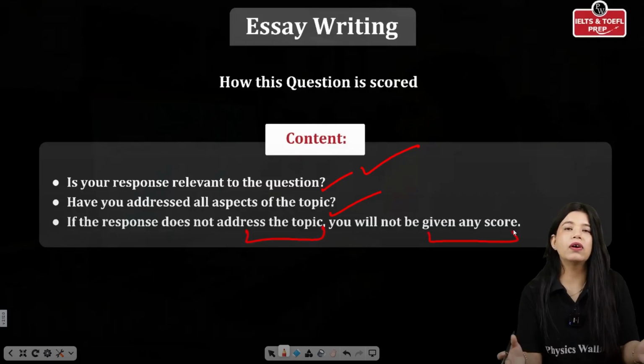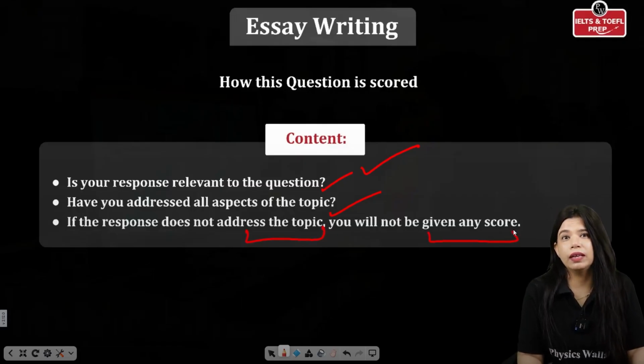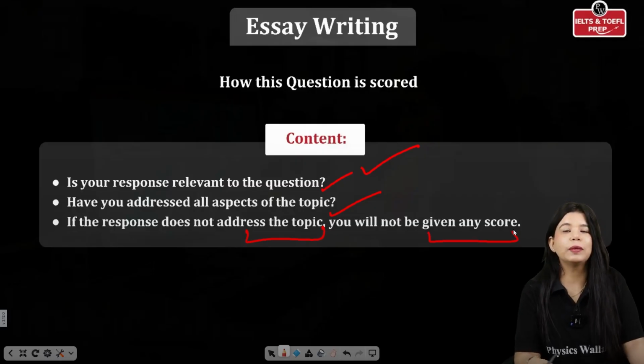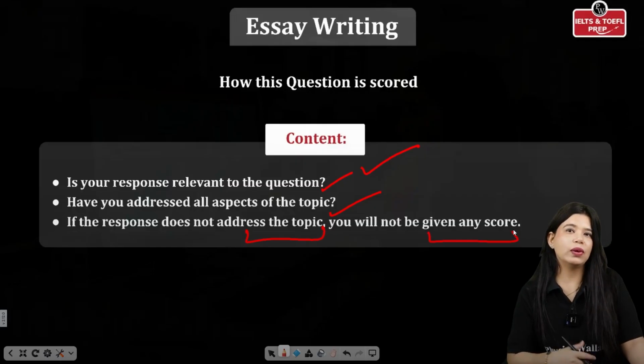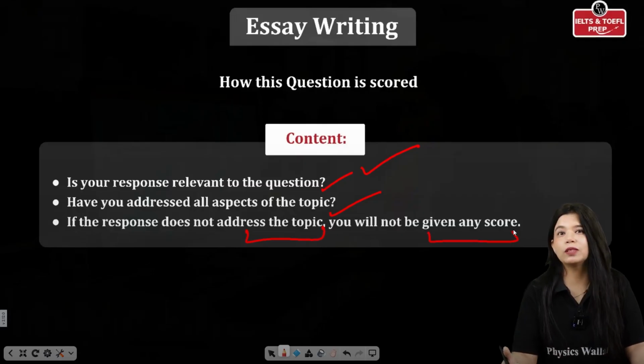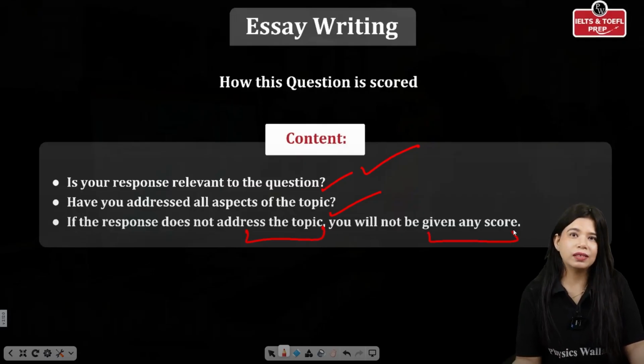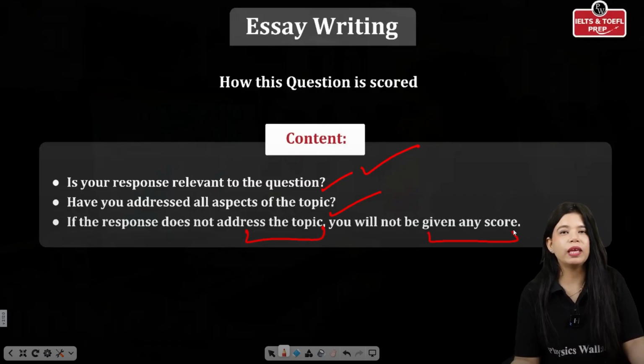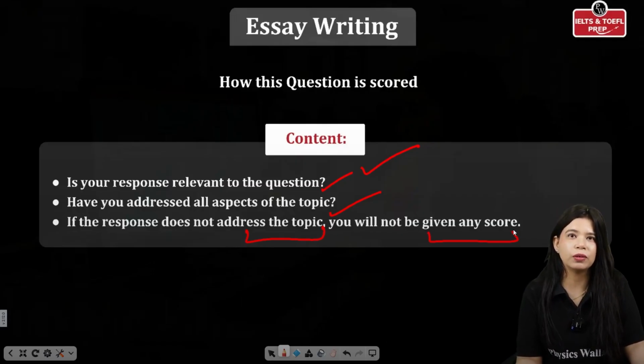Like I said, if your response is irrelevant, the example I gave here was of noise pollution and air pollution. If the question is about noise pollution and your response is on air pollution, in such cases you are given 0. So be very careful, understand the question properly, and then start writing after planning.